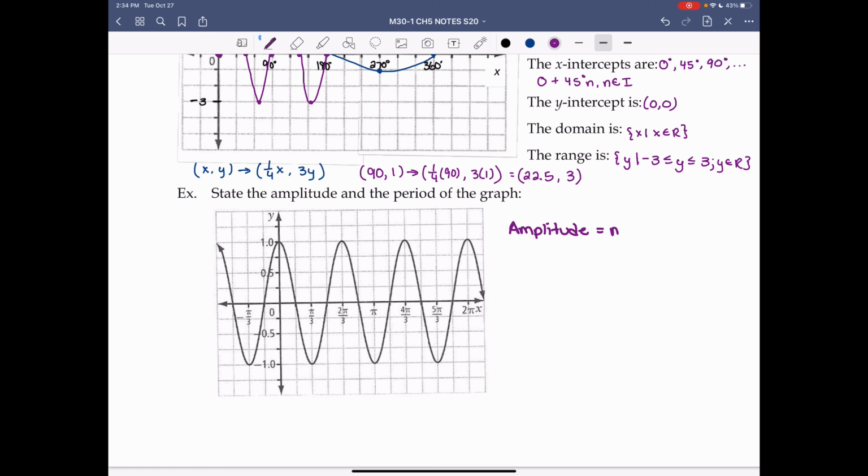Amplitude equals max minus min divided by 2. In this case, the max is 1 minus the min of -1, divided by 2. 1 minus -1 is 2, divided by 2 gives us an amplitude equal to 1.